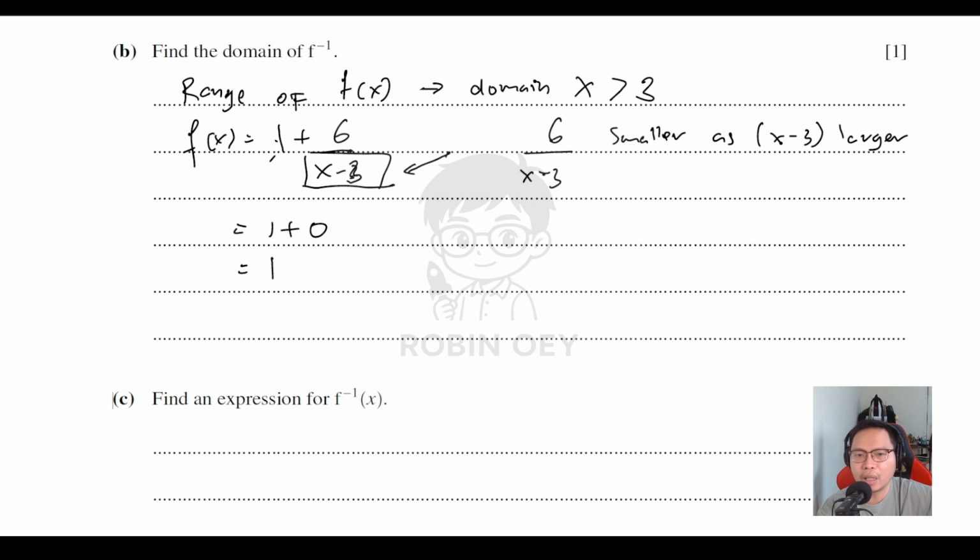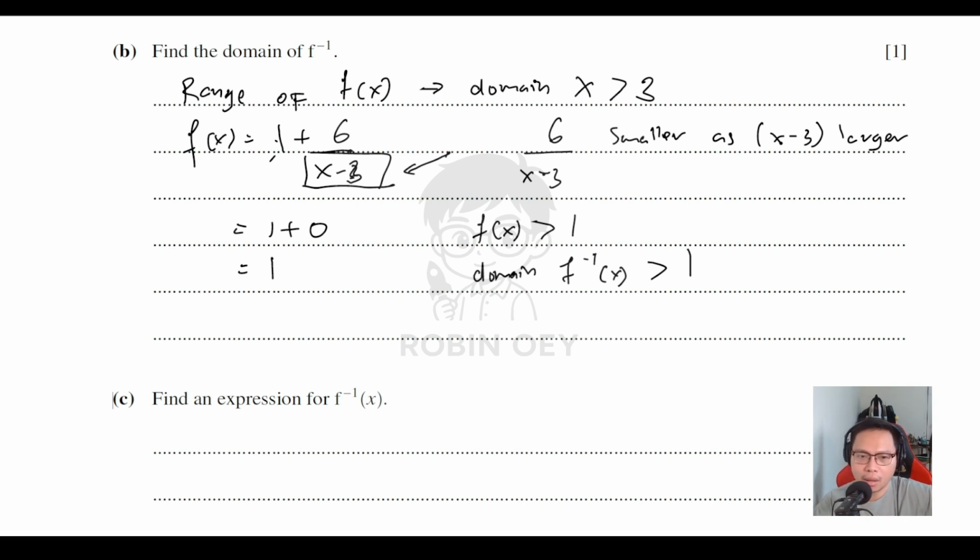We can write that the range of f of x is greater than 1, or the domain of inverse f of x is greater than 1.